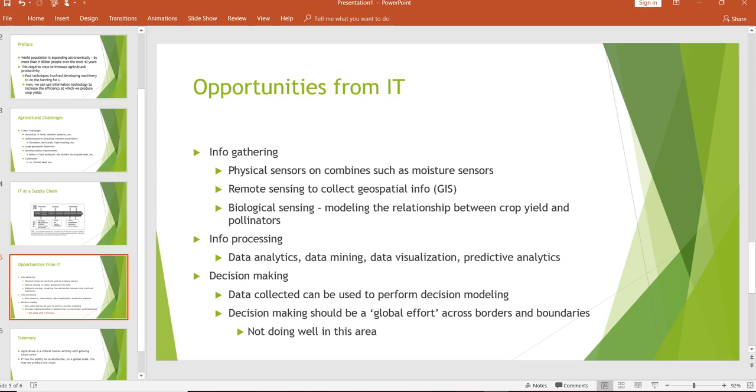We use remote sensing, we use biological sensing, information processing. We can take all that data we've collected from the sensors and we can do essentially statistics on them. Data analytics, data mining, data visualization, predictive analytics, those are all fields of interest related to being able to process and take the data and make it into something meaningful, so that in the third main opportunity here, we can actually make a decision with it.